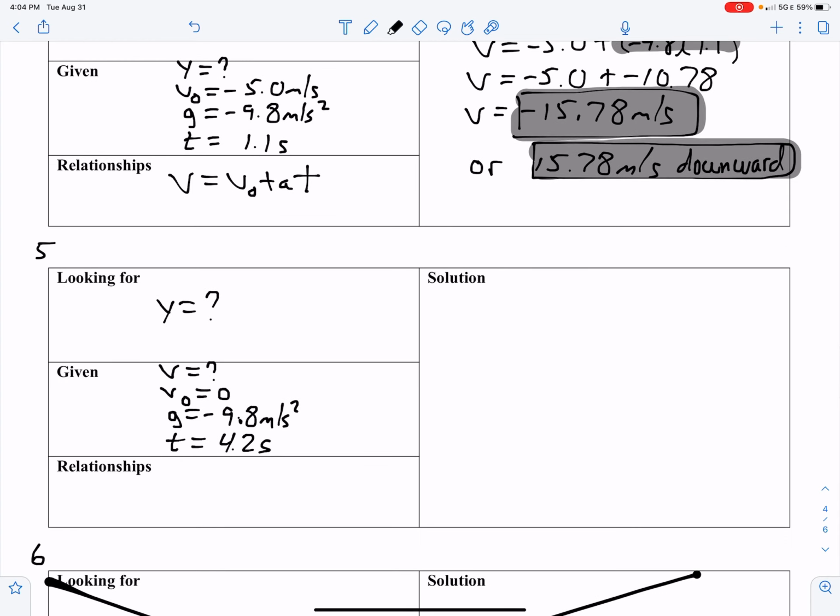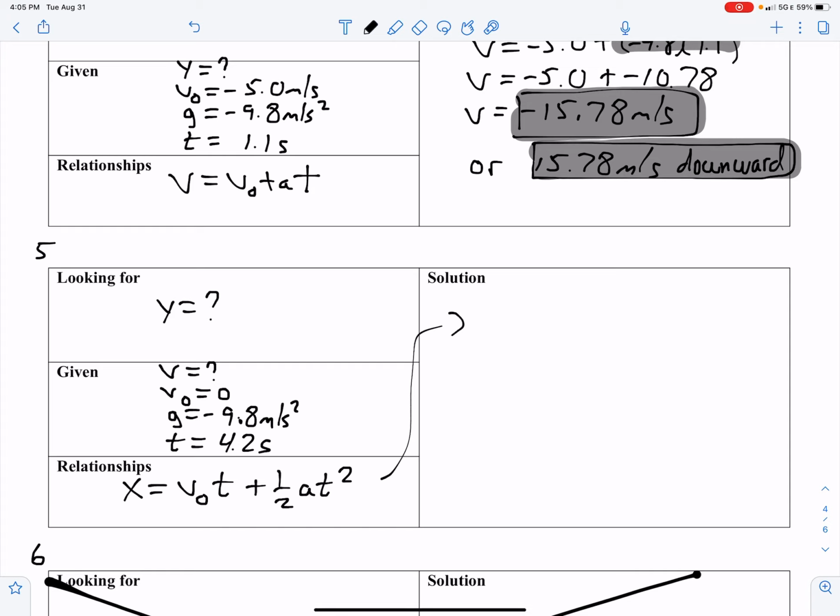Pause the video and try and find an equation that matches y, v naught, g, and t. Well, if you remember, x and y represent the same thing. So the equation that matches that list would be x equals v naught times t plus 1/2 times a times t squared.